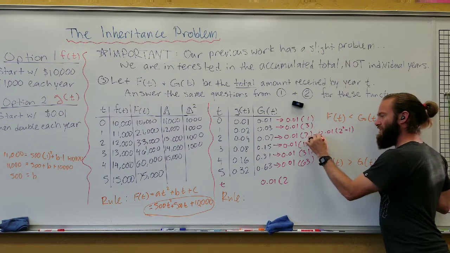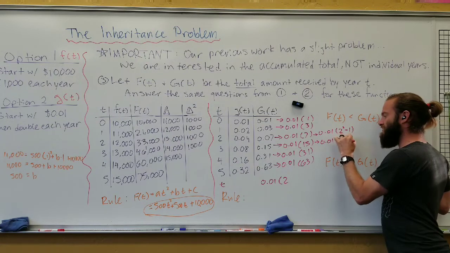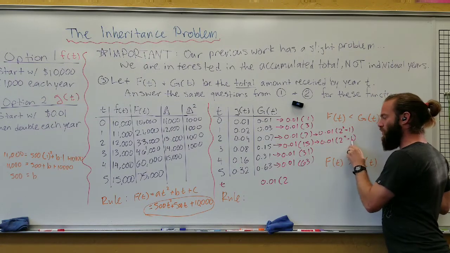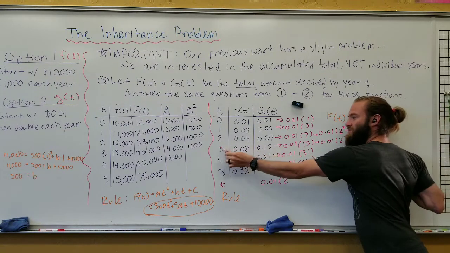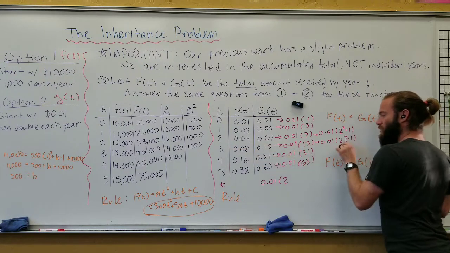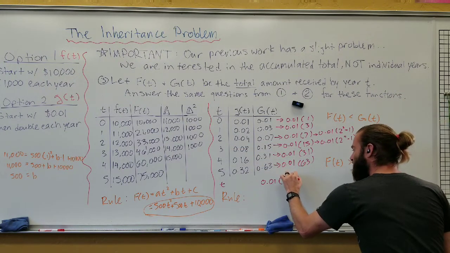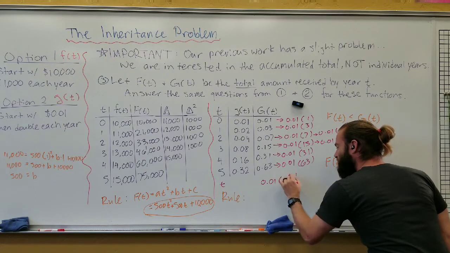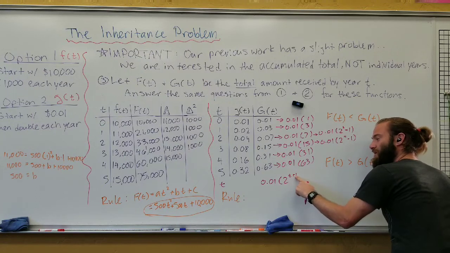So let's see the next one. This is 2 to the fourth minus 1, right? 15 is 1 less than 16, which is 2 to the fourth. And again, the t value and this exponent are related. The exponent's 1 more. So it seems like we're getting to 0.01 times 2 to the t plus 1. Whatever year I'm in, add 1 to it.